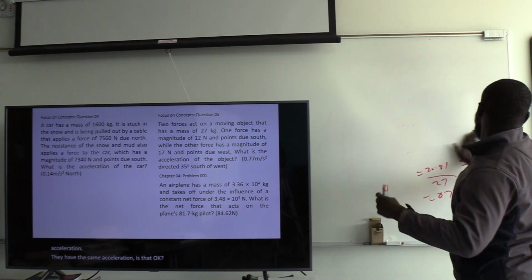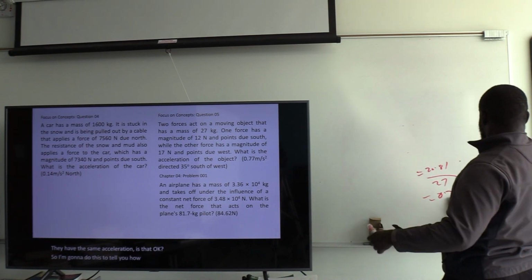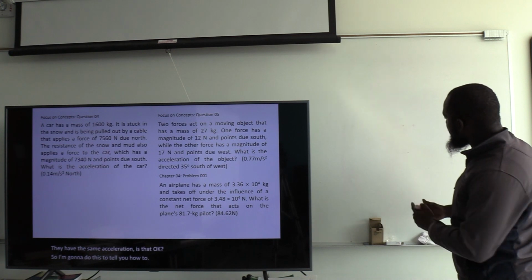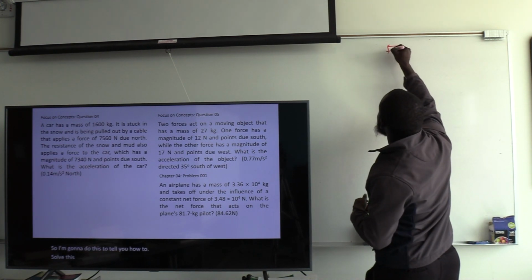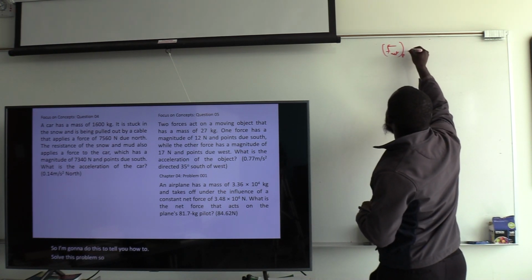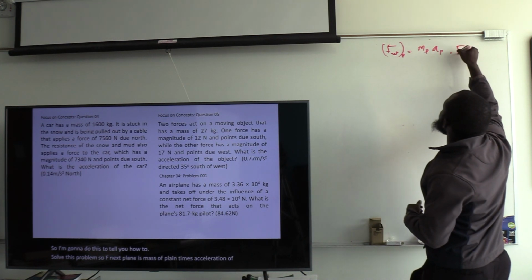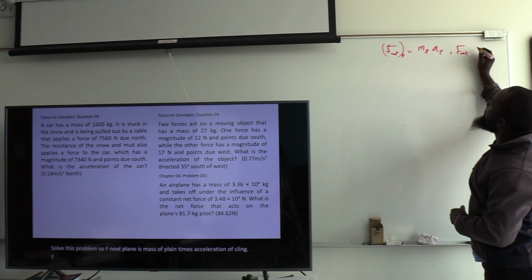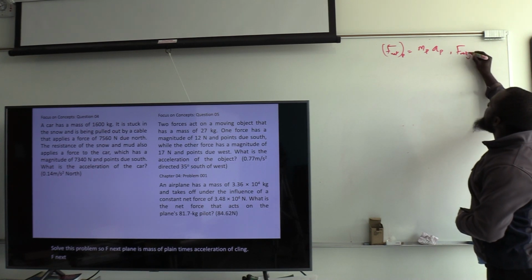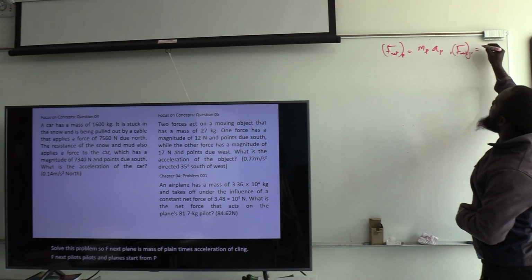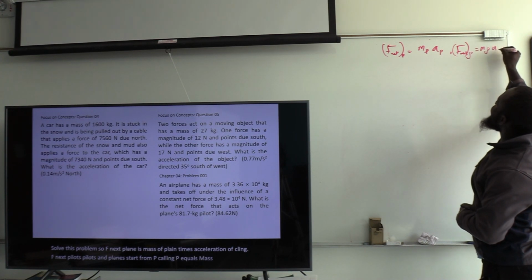So I'm going to show you how to solve this problem. F net plane is mass of plane times acceleration of plane. F net pilot equals mass of pilot times acceleration of pilot.